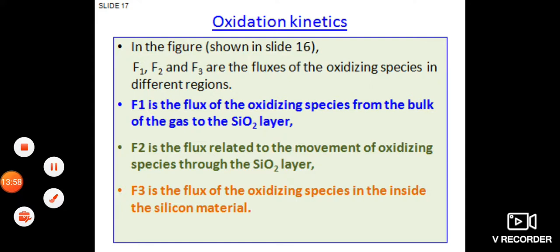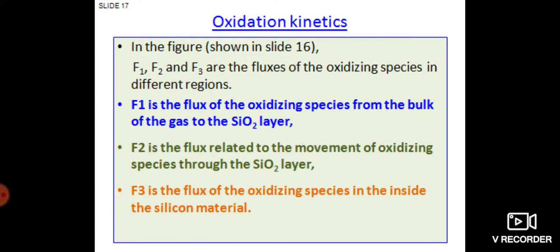If we are carrying out dry oxidation, and the oxygen is moving from the first location, that is from the gas mixture, to the epitaxial layer surface, over which the SiO2 layer will be formed, then the flux is proportional to the difference of concentration of oxygen in the gas mixture, from where it is moving, and the concentration at the epitaxial surface.